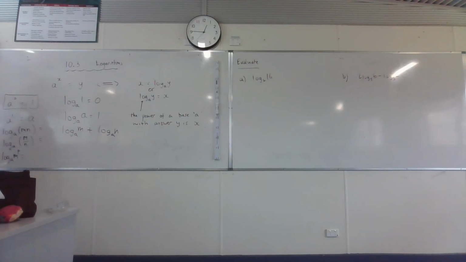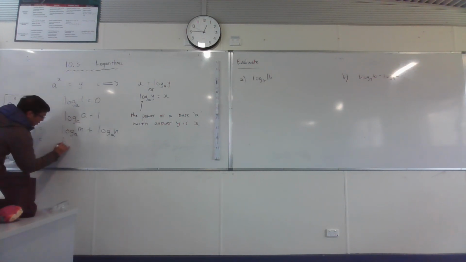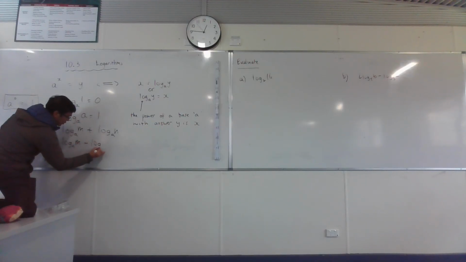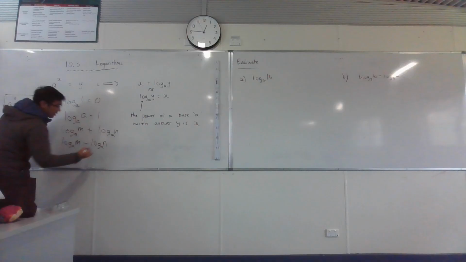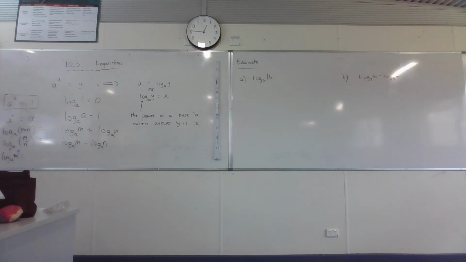That's a rule. Who remembers that? Or is that new to you? Okay. If it's a division, naturally. So you need to know these things off by heart in order to move forward.